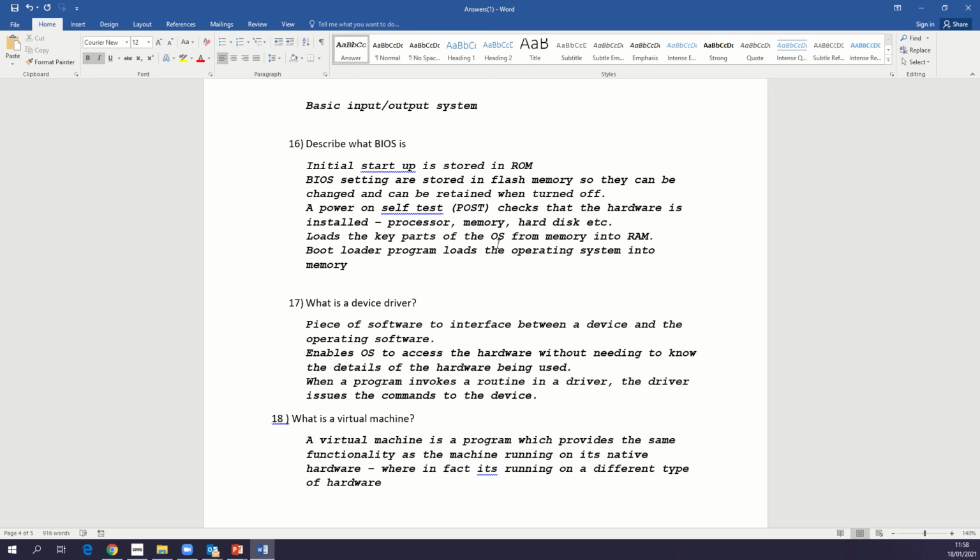This could actually be flash memory, so it retains its data when the computer is turned off, so it's non-volatile. We have a loader which loads the key parts of the operating system from memory into the CPU, obviously into RAM, and then the CPU starts processing those instructions.